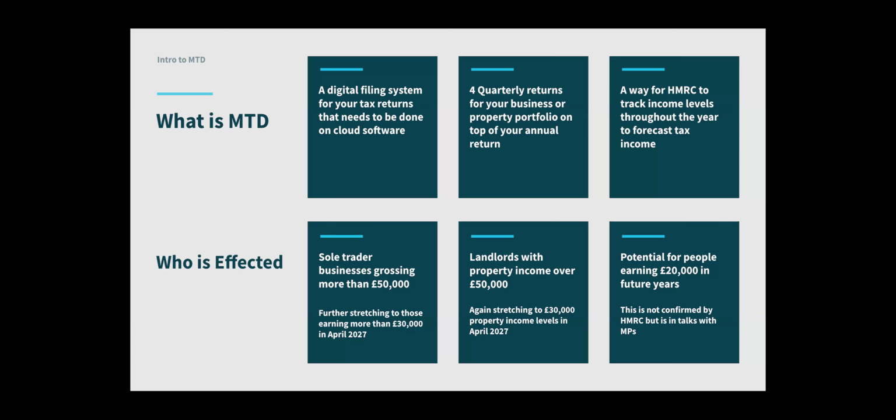Then from April 2027, it will be any sole trader or landlord with income over 30,000. And then there is talk about that decreasing to 20,000 from April 2028. I don't think that has been confirmed yet. Eventually, I think they're going to move to a point where everyone is impacted by this and everyone is doing the quarterly filings, but they've just not confirmed that yet.